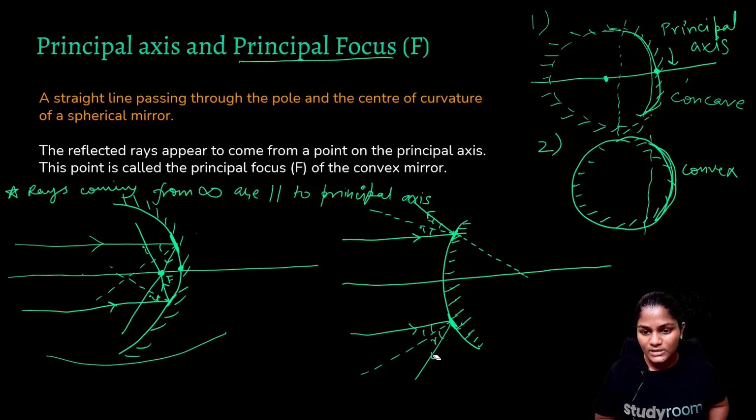Okay, and this ray, if I take this as my reflected ray and I take this dotted line, see, it is supposed to converge, but because I have not taken proper measurements, it is not converging. When you draw it with a compass, it will converge. Okay, so it's somewhere here and this goes and converges like this.